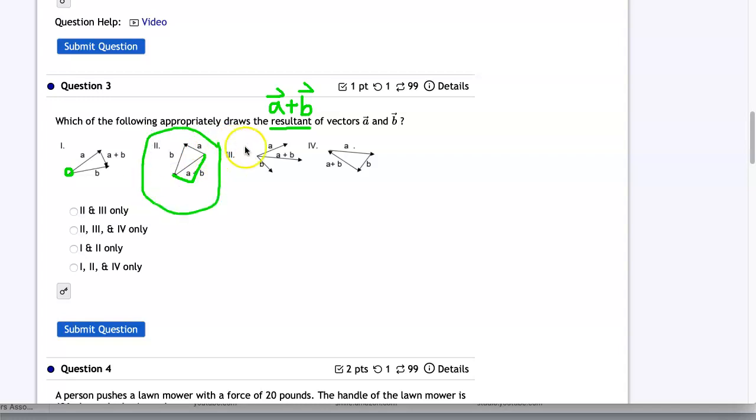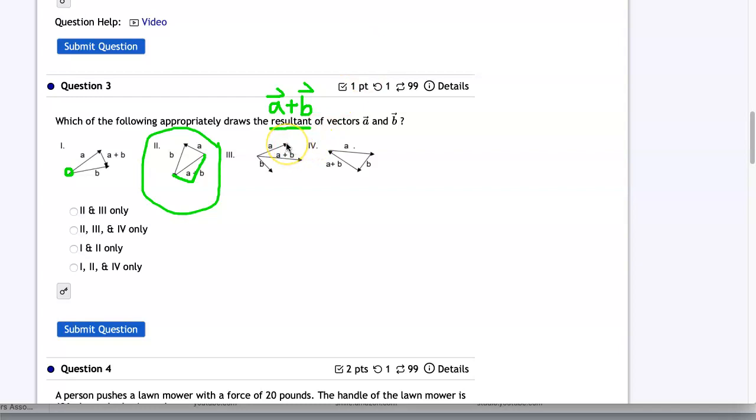That's good. Here also, A and B, even though these are not connected head to tail, we can modify the diagram.